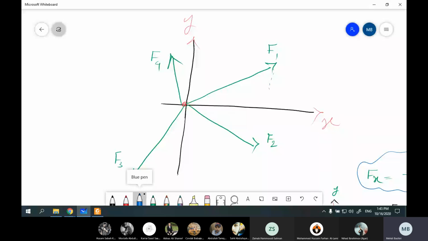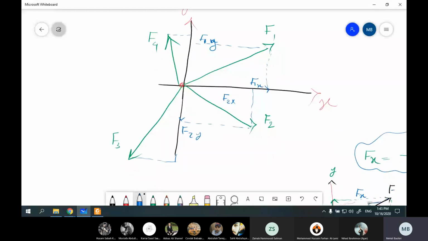For example, this is F1y, this is F2x, this is F2y. Here we have F3y, and again we have F3x. For each case, we should find its components.